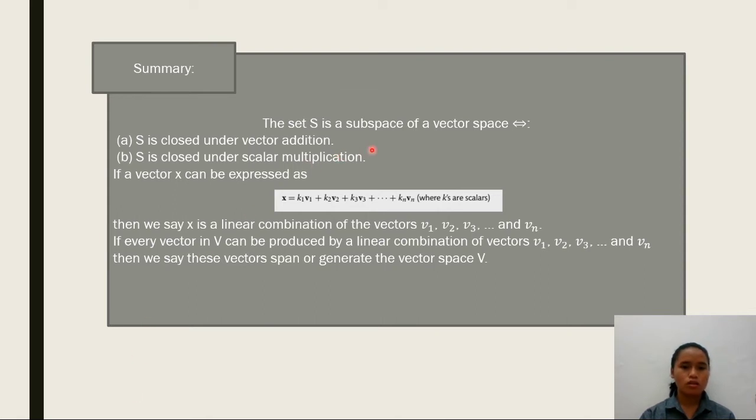The set S is a subspace of a vector space if A, S is closed under vector addition, and B, S is closed under scalar multiplication, if a vector X can be expressed as the formula.